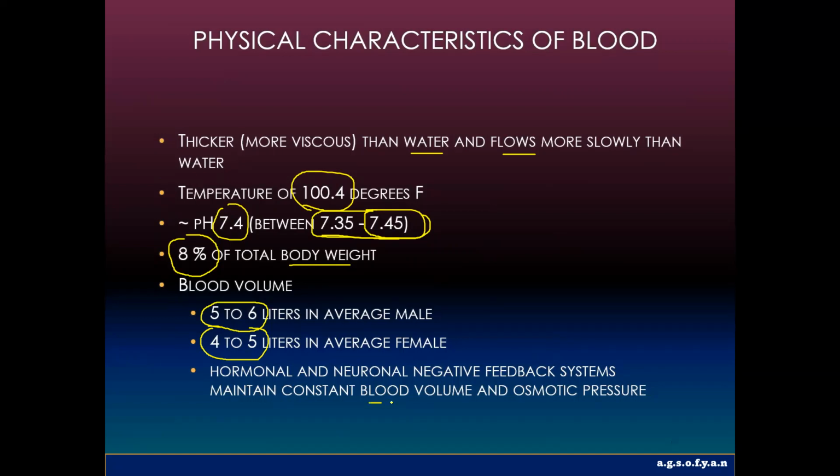This blood volume and also blood pressure is maintained by, remember, two types of systems in our body that maintain our homeostasis, which are the negative feedback system and the positive feedback system. Mostly the negative feedback system is the one that controls our homeostasis. So blood is mostly controlled by this negative feedback system.